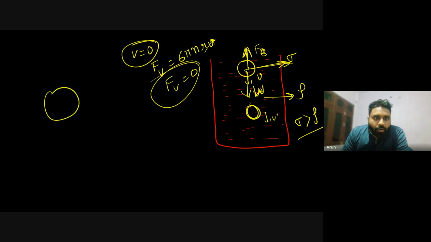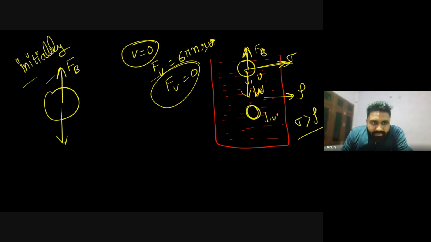So on this ball, there is a buoyant force initially, and there is a weight of this ball. The net resultant force will be in this direction because buoyant force is less and weight is more.